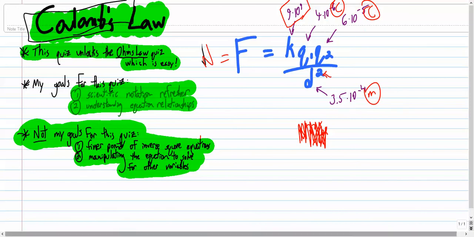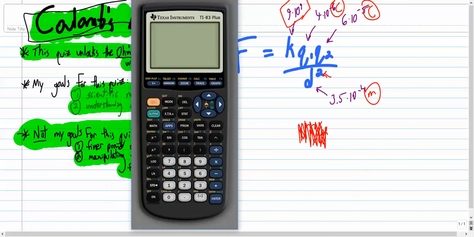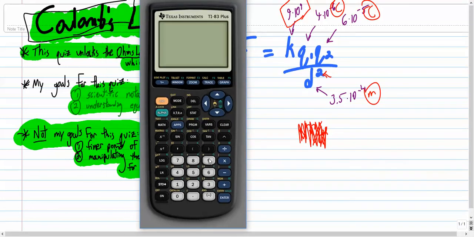We can do that all at once. So what have we got here? We've got 9 times 10 to the ninth times 4 times 10 to the negative sixth times 6 times 10 to the negative fifth divided by, and on the bottom I had 3.5 times 10 to the negative fourth, and don't forget to square this.